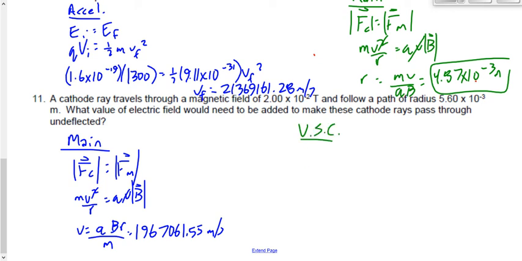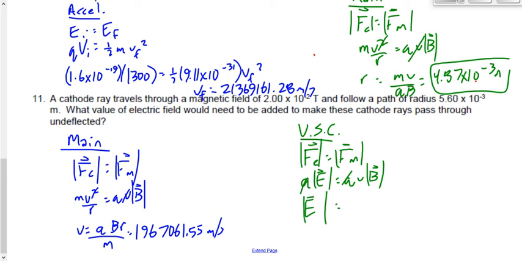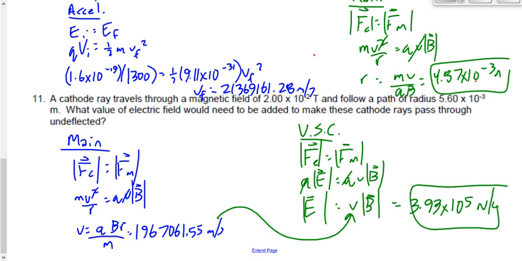So now we're going to say Fe equals Fm, or qE equals qvB. This time I'm solving for E. Usually I end up solving for speed here, but this time I know the speed. Sub those numbers in, we get 3.93 times 10 to the 5 newtons per coulomb. Good.